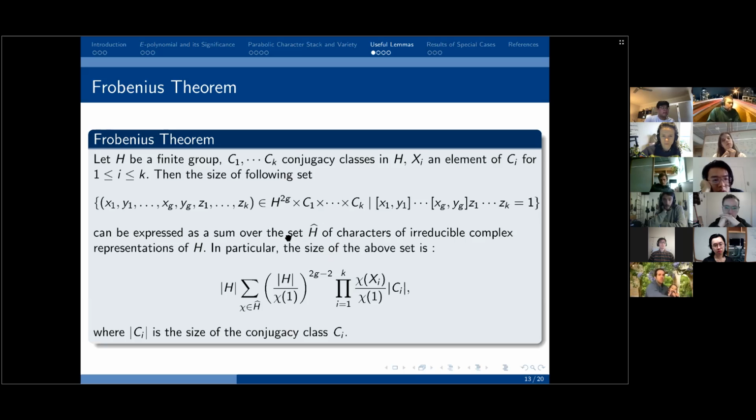More explicitly, the size of this set is the same as this summation. So the problem of computing the size is reduced to just computing this summation. And you can see that this is the same as the definition of parabolic Character stacks and varieties.